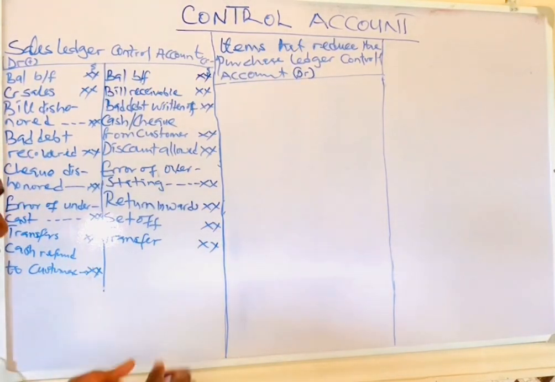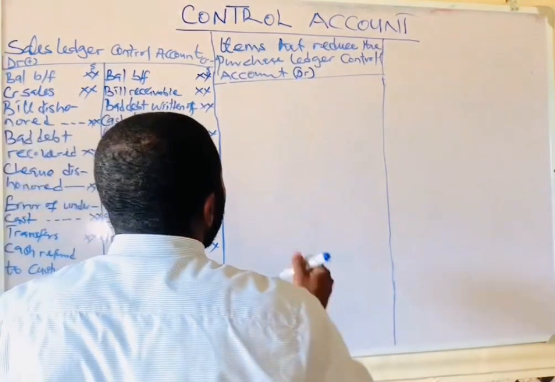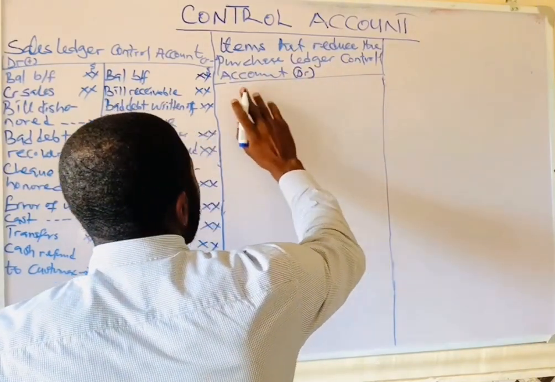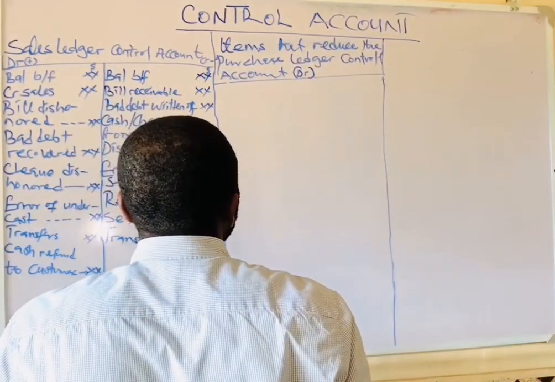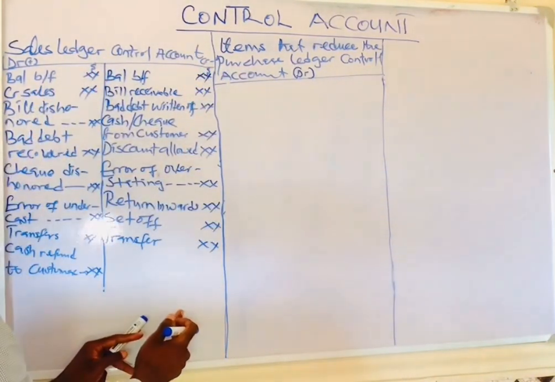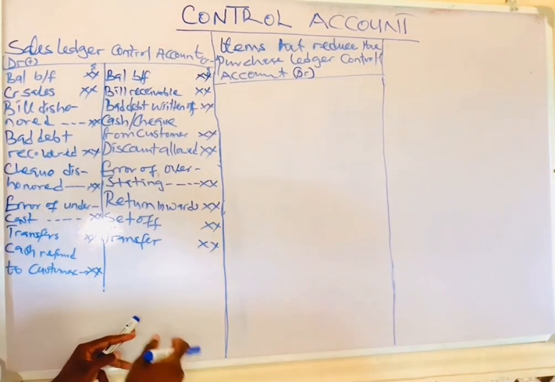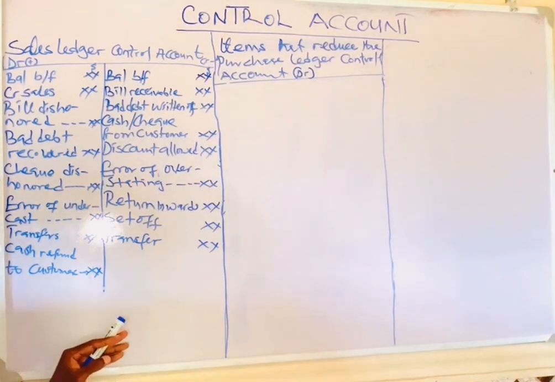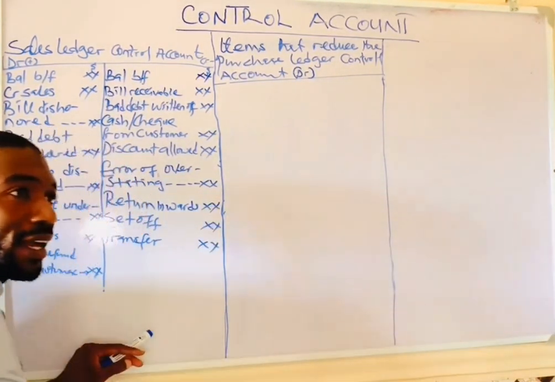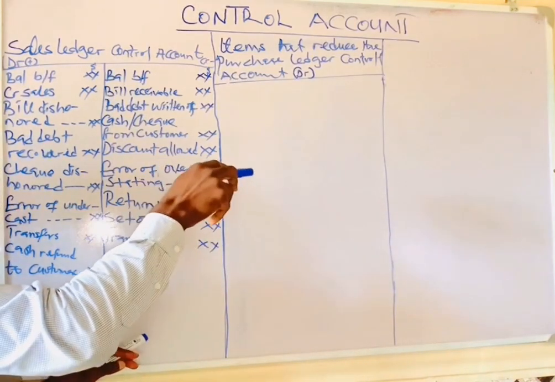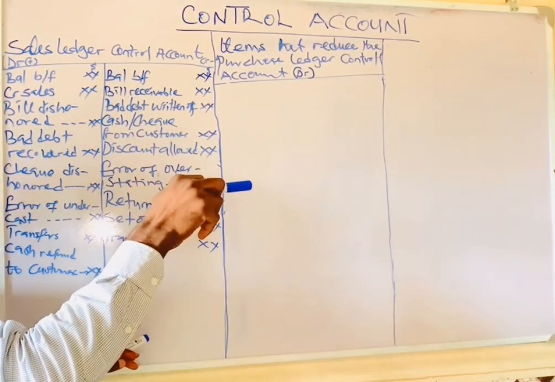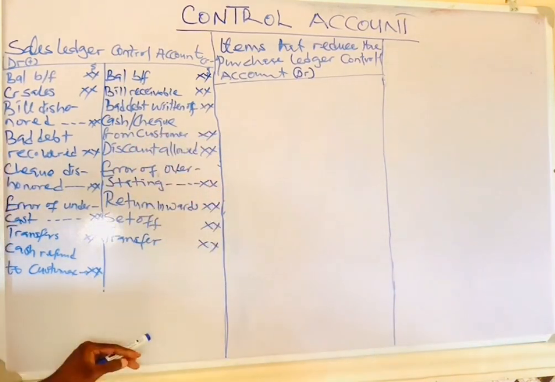Simple. Now, let's look at it. These items that reduce the purchase ledger control account are the same items as these, but not receipt, because we are paying. The business is paying the supplier to reduce the balance that we're supposed to pay our creditors.